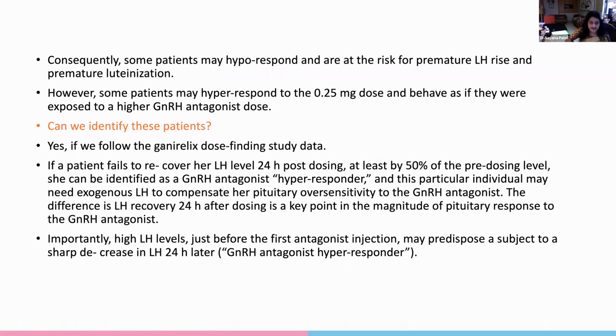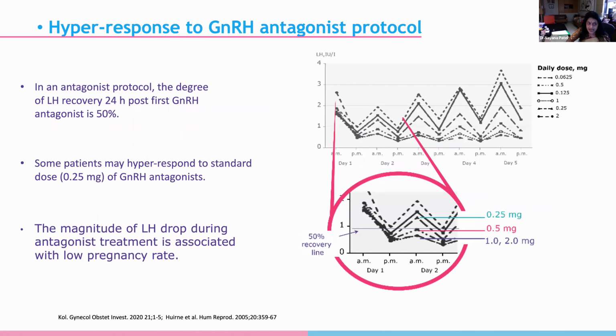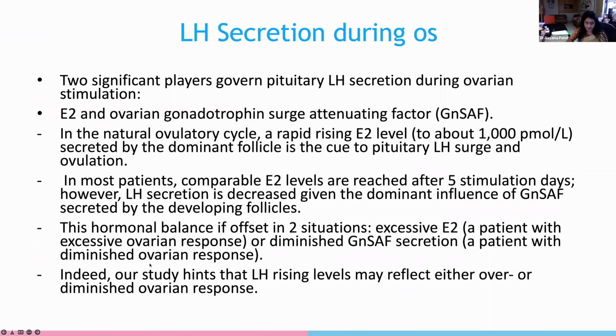And this was the study when they were identifying the GnRH dosage, and they found that after the first antagonist injection, if there is a stark decrease in 24-hour LH, that means that patient needs LH supplementation. So the magnitude of drop is very, very important.